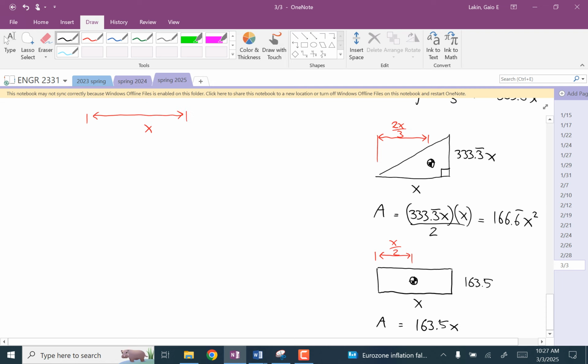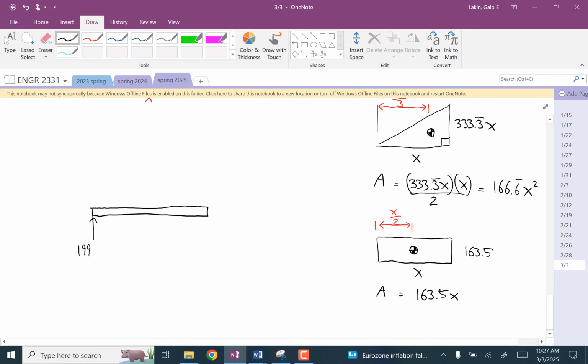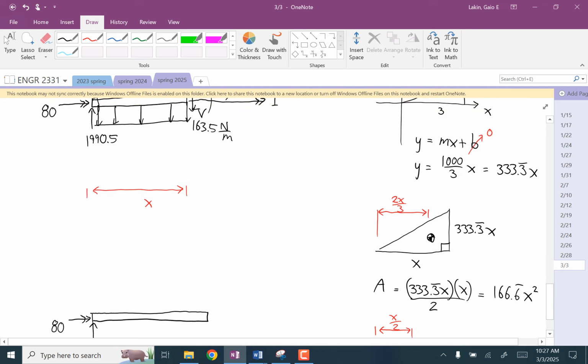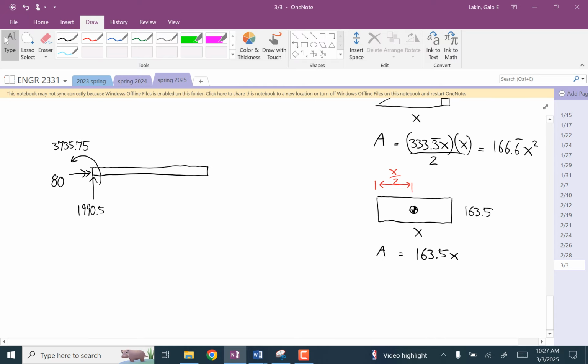And now I'll redraw the cut. We have 1990.5, 80, 3735.75. Then at the middle, we have this downward force of 163.5x.